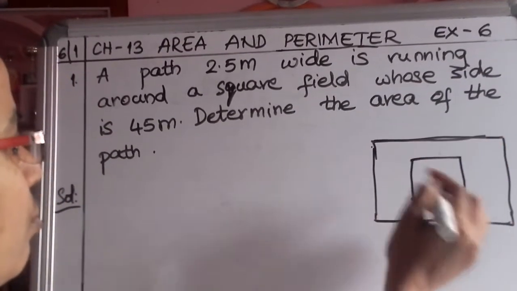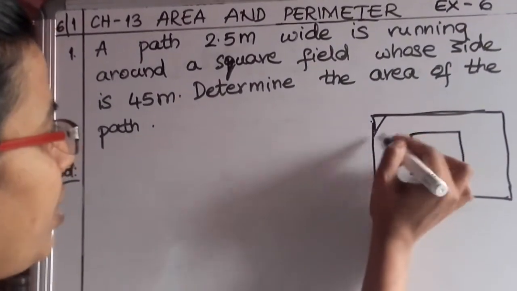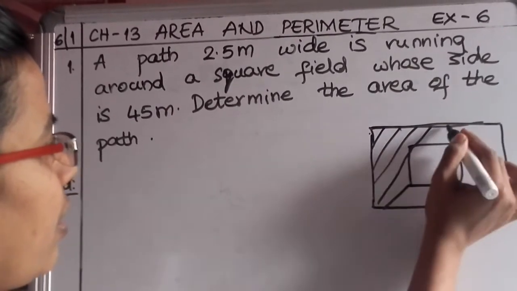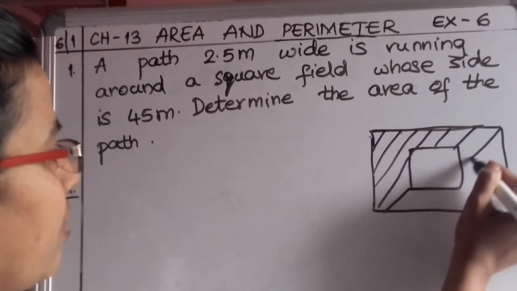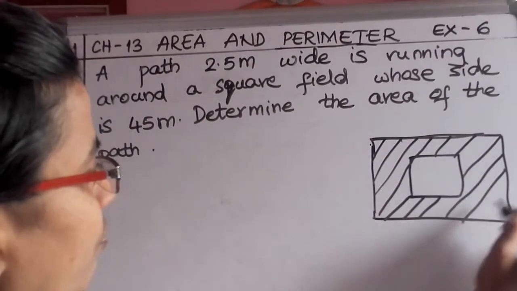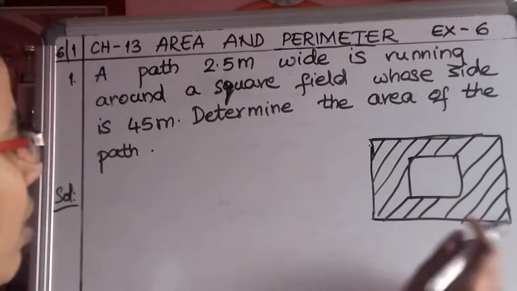It's running around, so it is 2.5 meters, and you have to find out this part of the shaded region. This area you have to find out.